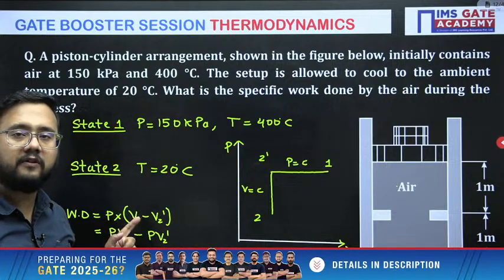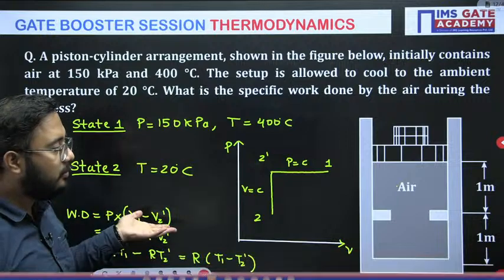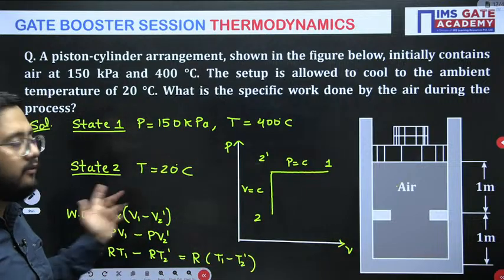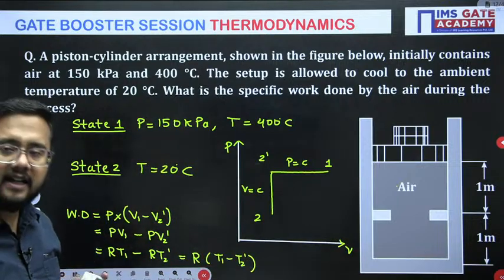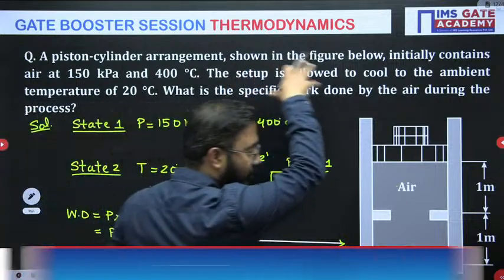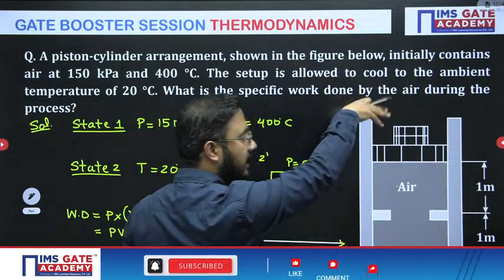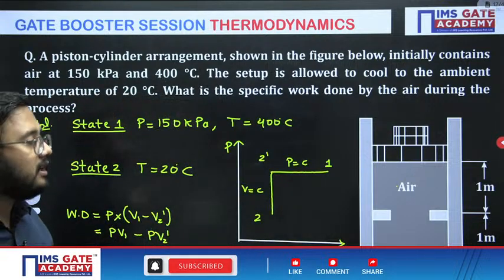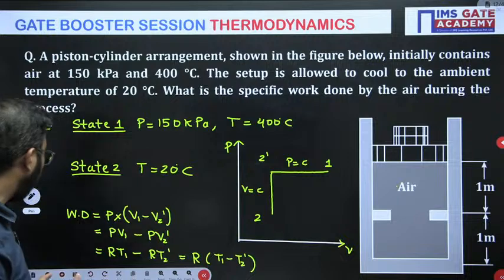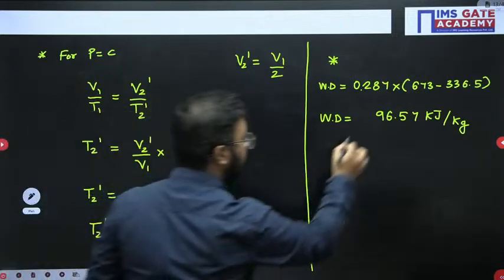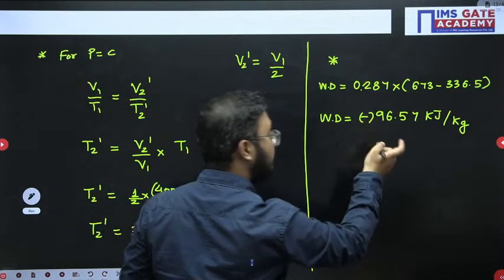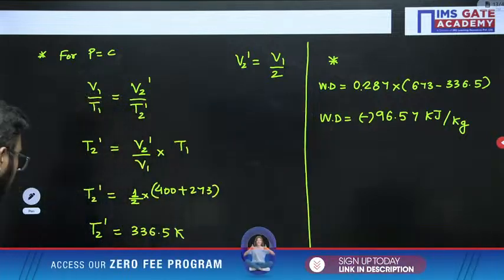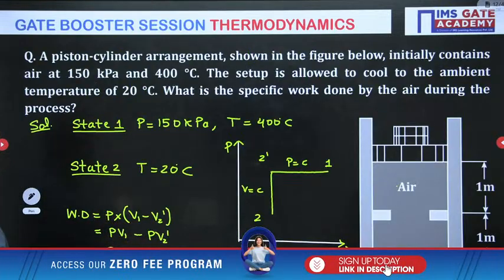Initially volume was V1. Because of the cooling, the piston moves down, and the final volume is V2 dash. So already I know the atmosphere air is performing some work on the system, so it is work done on the system. So the answer would be negative here. We have to use the negative sign here. It means work done on the system. So ideally you will get the answer as negative only. There is no need to write negative also.